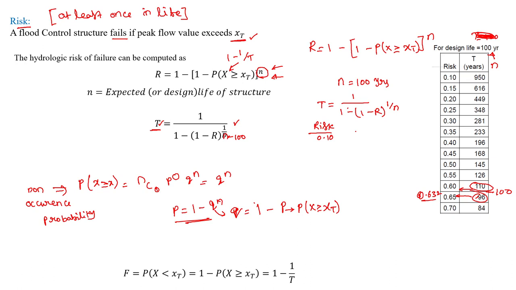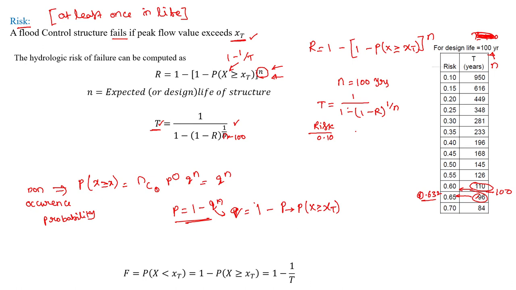As we go, if I want to take more risk, then the design return period will be reduced, and correspondingly the cost will be reduced. So what we do as practitioners is that we know how much risk we are willing to take, either 0.3 risk or 0.35 risk.